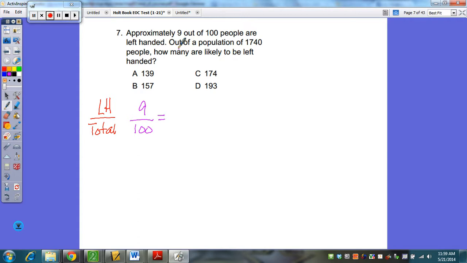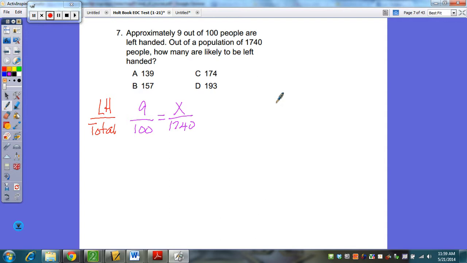So the next sentence is, out of a population of 1740, a total population of 1740, how many people are likely to be left-handed? Likely to be left-handed. So we have x.